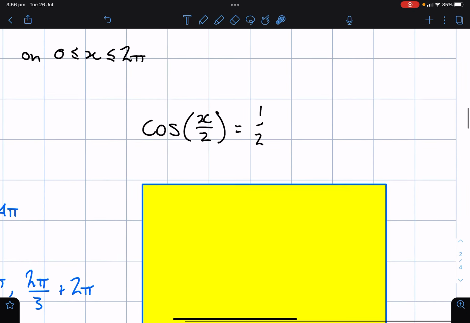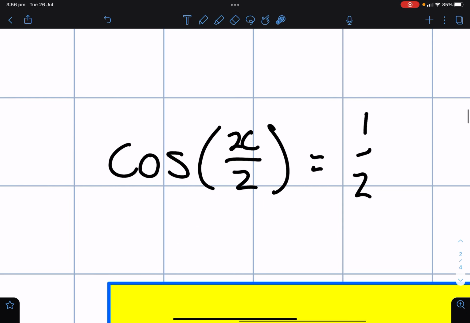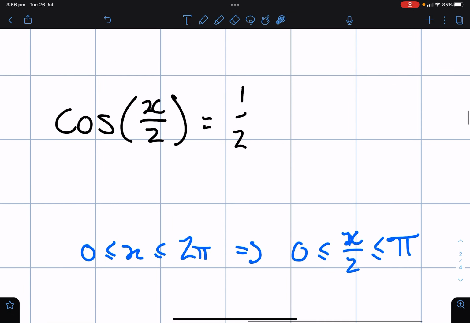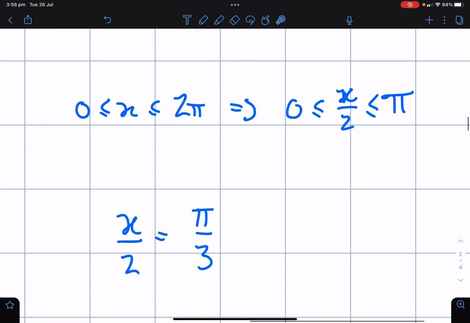Another example: cosine of x divided by 2 equals a half. We're looking at x divided by 2, which is not x, so we need to change that. From our original domain, we need x to be a half of x, so we divide each by 2, and we're left with 0 less than or equal to x on 2, which is less than or equal to pi.